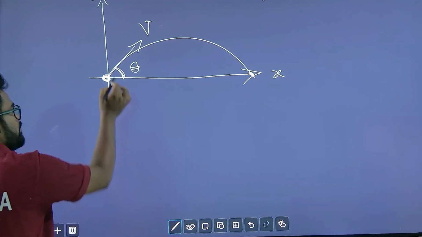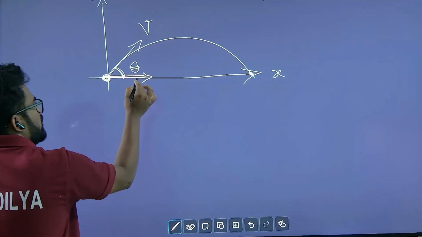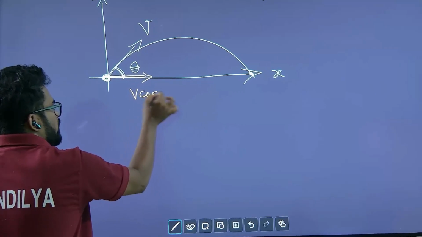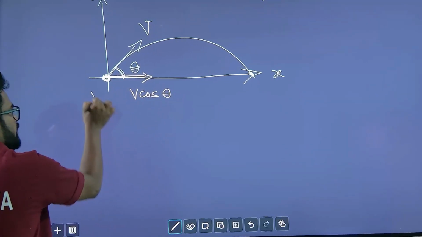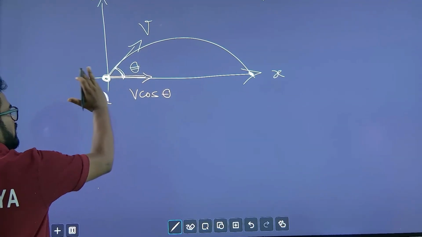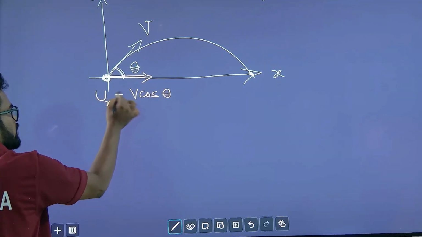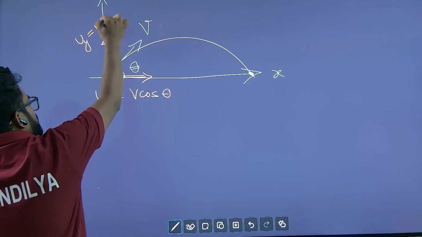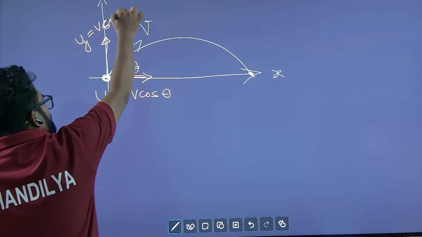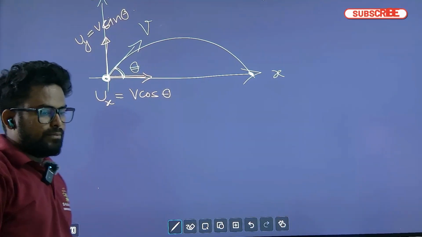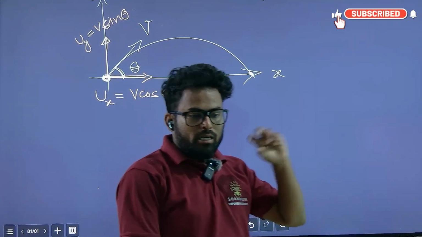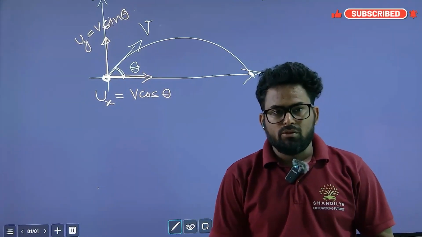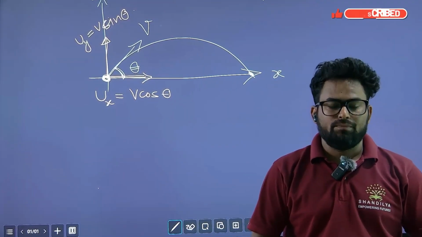Now, if you talk about this velocity, it has two components: horizontal velocity v cos theta, that is ux, and initial velocity in y, that is uy, v sine theta. Got it? Now we can analyze the motion of this projectile from the kinematics formulas that we just saw.